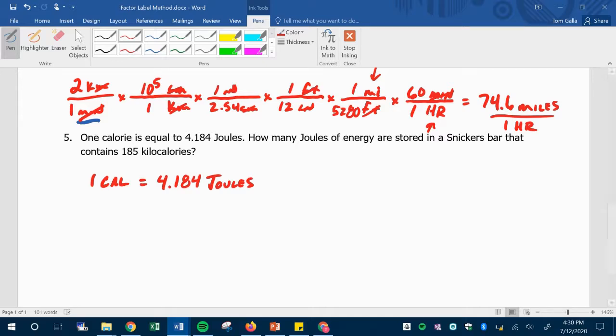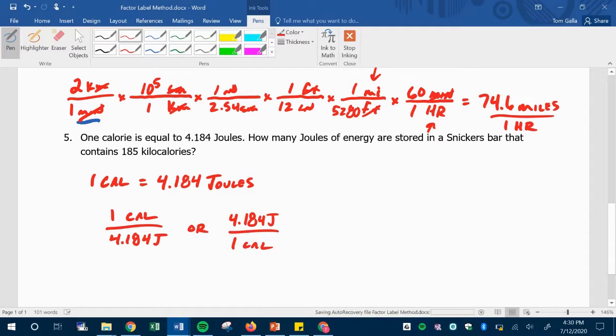And so that means as we read this, we can set this up as 1 calorie over 4.184 joules, or we could also write it as 4.184 joules over every 1 calorie. And so that's the thing with these conversion factors, is we can flip them and use one over the other depending on what units we need to cancel out.